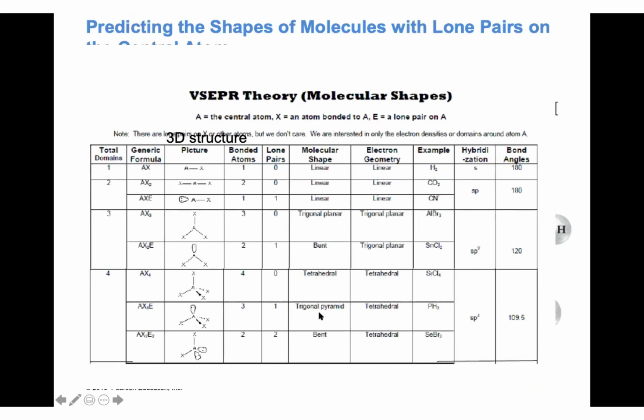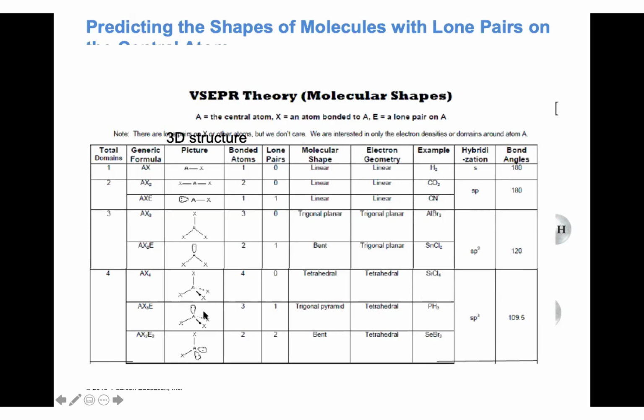The molecular shape or molecular geometry is trigonal pyramid. Electron geometry is tetrahedral. So the molecular geometry and electron geometry are not the same, because there is a lone pair around the central atom. And this is the example. You do not need to worry about hybridization at this time. And that's the bond angle.